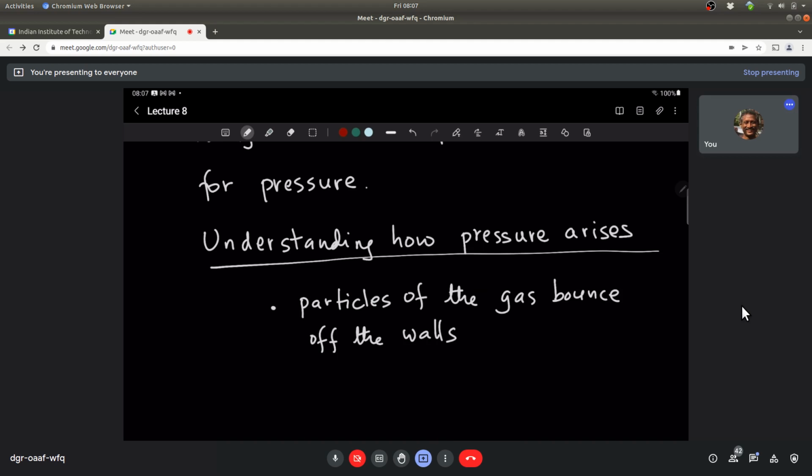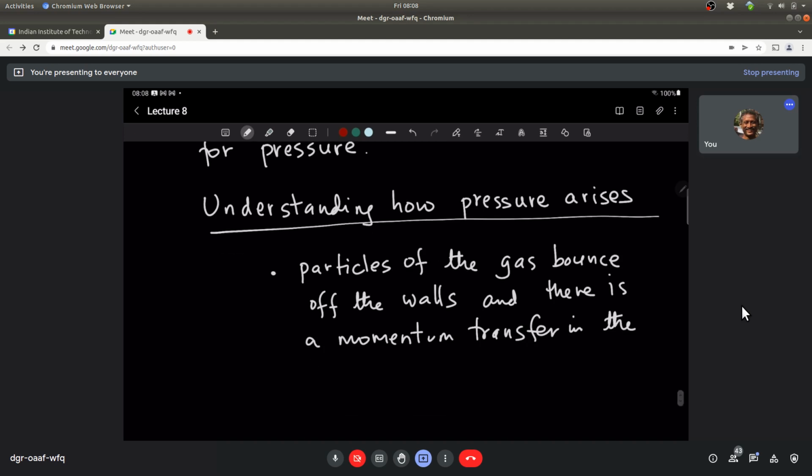That's what is going on. The bounce of the balls, and so obviously there is a momentum transfer in the process.